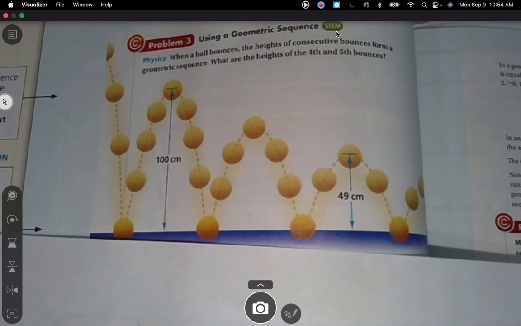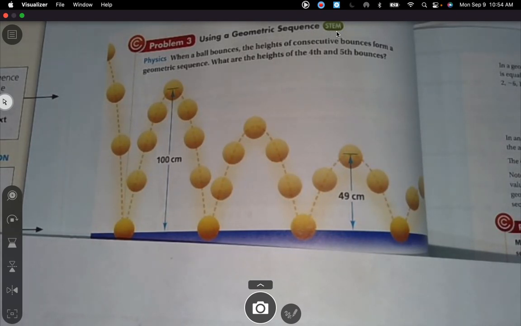It says more physics. A ball bounces and the heights of the consecutive bounces form a geometric sequence. Remember geometric, we're multiplying by the same number, which in this case, we're going down. So we might be multiplying by a fraction. But what are the heights of the 4th and 5th bounce?